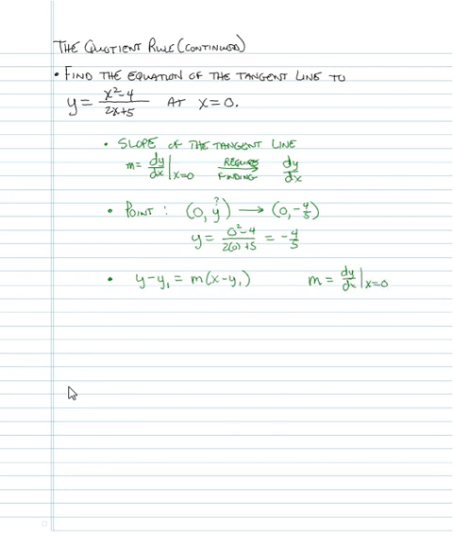After we find the derivative, we'll evaluate it at 0. And the x sub 1 comma y sub 1 is the point that's on the tangent line and the graph, and that's the point 0, negative 4/5. So we'll come back to this after we do this calculation right here.